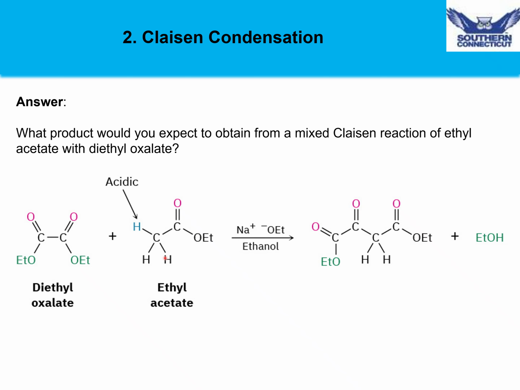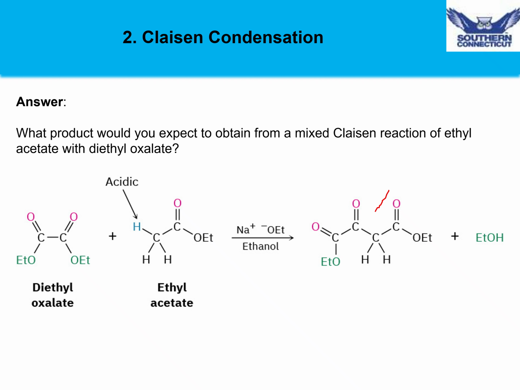So if we add base to it, we'll form an enolate on this alpha carbon. That alpha carbon will then react with one of the two ester functional groups on diethyl oxalate. That will lead us to forming a beta keto ester.